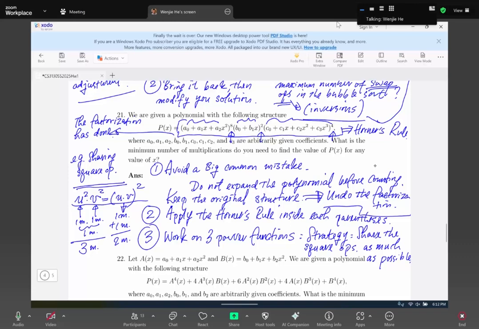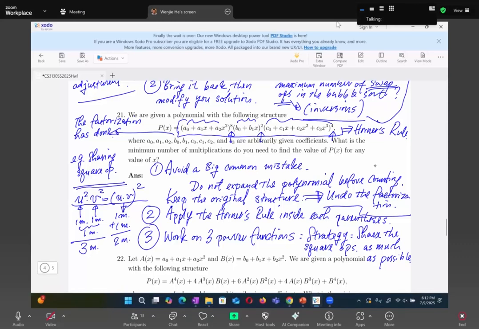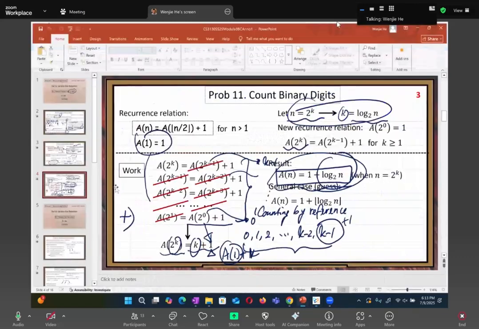I will also post this annotation file. All right, part B. We were here last time.